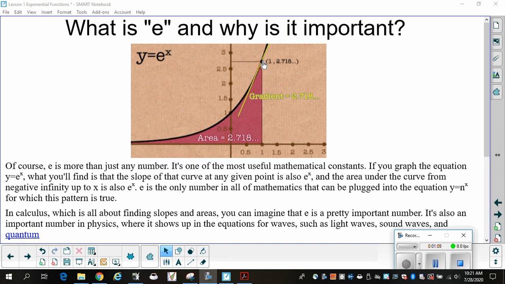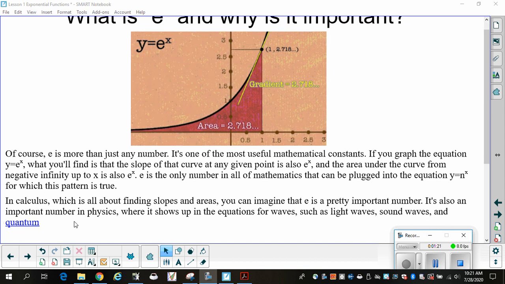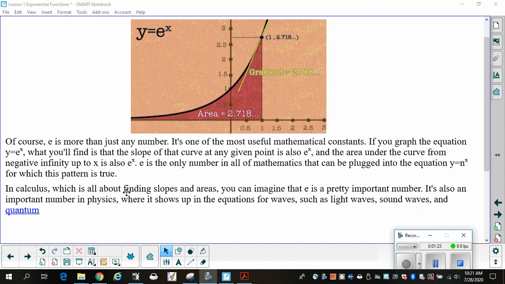The slope at this point, which is the tangent line at that point, is e to the x, and the area is e to the x. Okay? Now, in calculus, which is all about finding slopes and areas, you can imagine that e is a pretty important number.